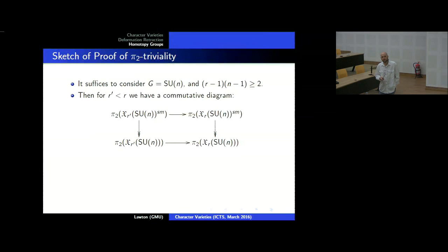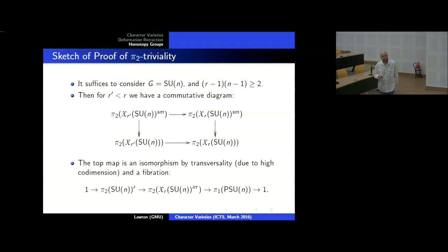And then again, because a free group of lower rank injects into a free group of bigger rank, with respect to the moduli spaces, we get just an inclusion there. And then we take the diagram of moduli spaces and apply pi 2. You get a commutative diagram. So that's where you start, and there's nothing at that point.